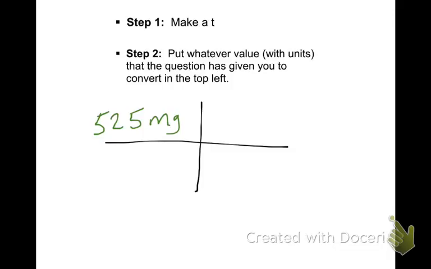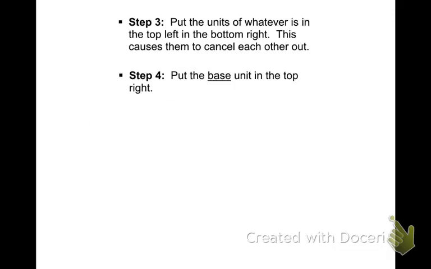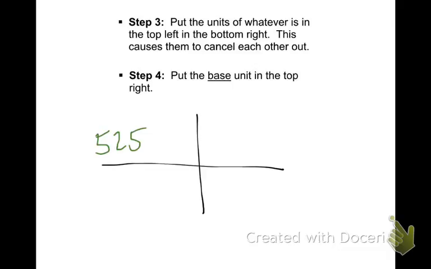Now, for step 3, we put the units of whatever is in the top left down in the bottom right so we can cancel them out. So we're basically making our T-chart just like we were before. We've got our 525 milligrams up here, so that means that our milligrams must go down here.